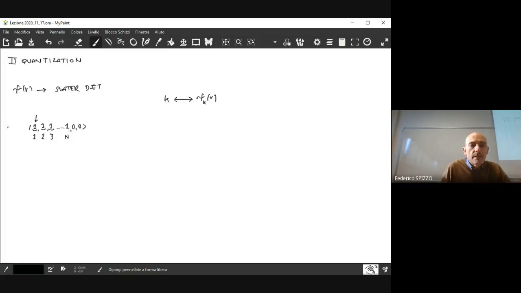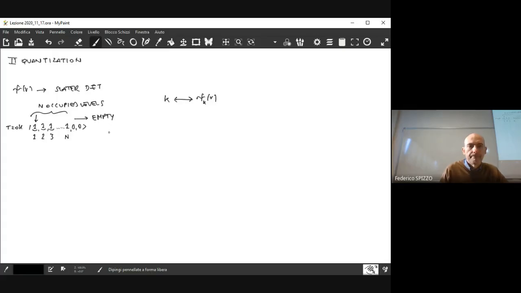So for instance, at T equal 0 Kelvin, we have this way to represent the system in case we consider that the Fermi sphere is completely filled. So we have n occupied levels, and then the other levels are empty.